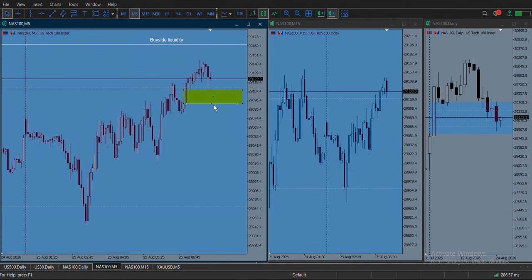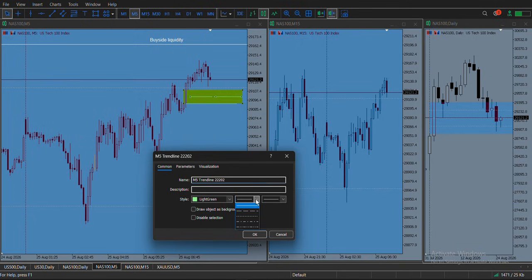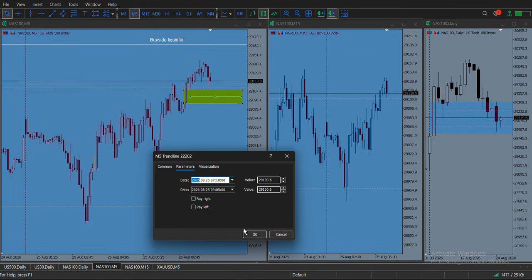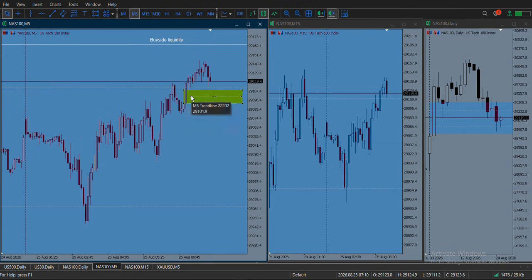So let's look at that level. It's right there. That's the midpoint of this inefficiency. So I want to be looking at, if we trade back into this inefficiency, I want to be interested in seeing how it reacts with this inefficiency.